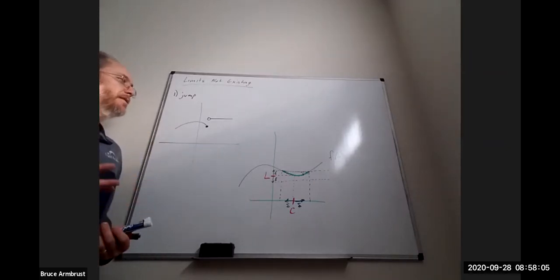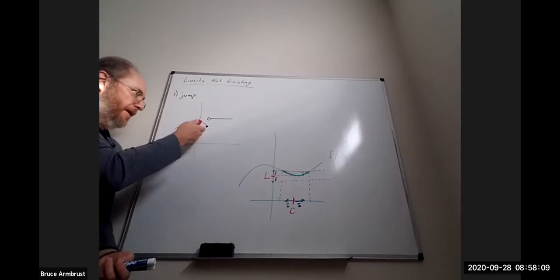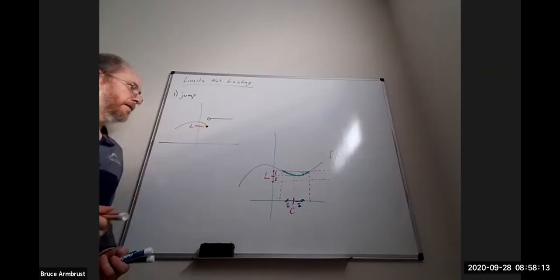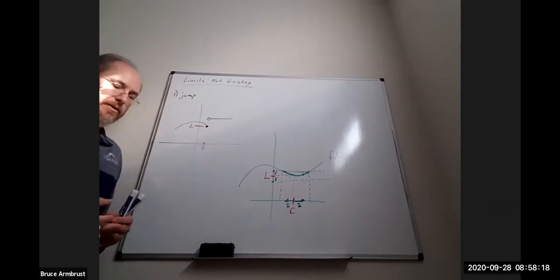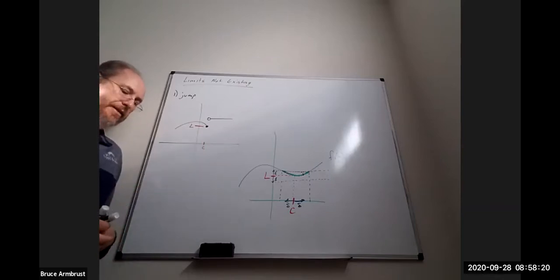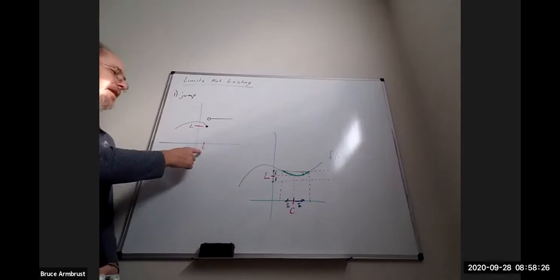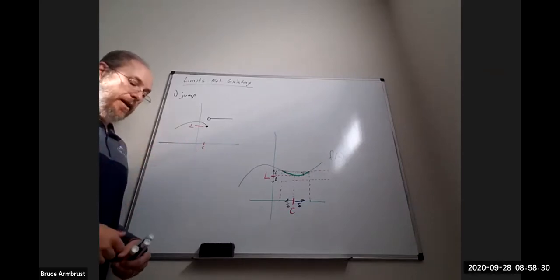So imagine that we made a guess for our limit, and you might go, well, let's just take this point and say that this is L. So maybe we think this is the limit. Okay, so then this is C. So what we have to do is that given an epsilon, we have to find an interval around C such that all the function values are within that distance away from L.